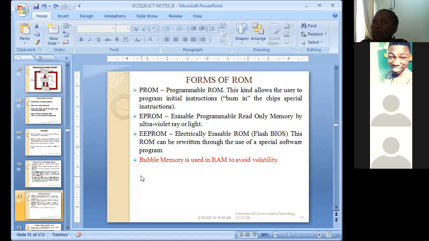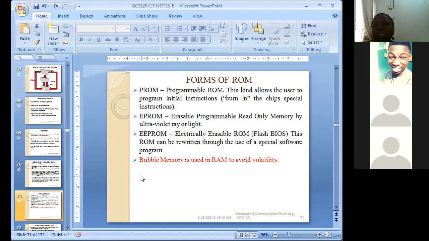But remember, it's a form of ROM. It's not all ROM that comes in this way, okay? Now, how is it erased? It is erased using ultraviolet ray or ultraviolet light. So there is some light intensity that will be subjected onto the chip that will erase what has been programmed into it. When it is erased, another set of instructions can now be programmed into that ROM. Okay, that's if it is an EPROM that you have.